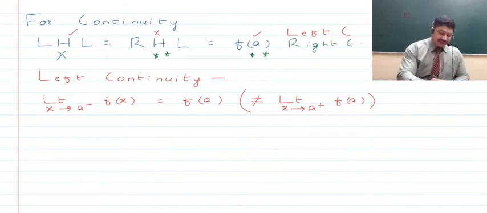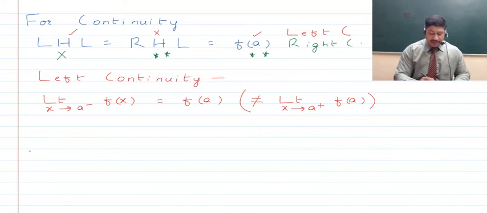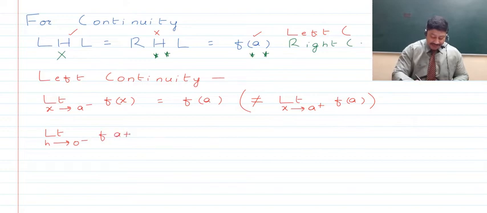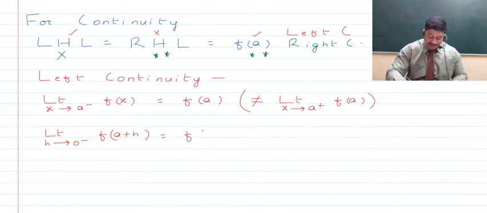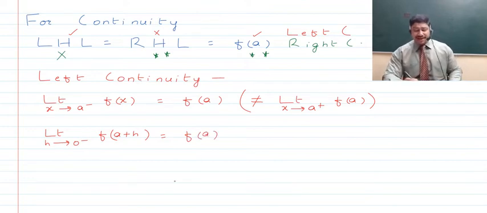Now guys, if we include the variable h, which is infinitesimally small, then we can write this definition more precisely: limit h tends to 0 minus f of a plus h, which is further equal to f of a, and obviously this is not going to be equal to the right hand limit, which we further do not require to write.